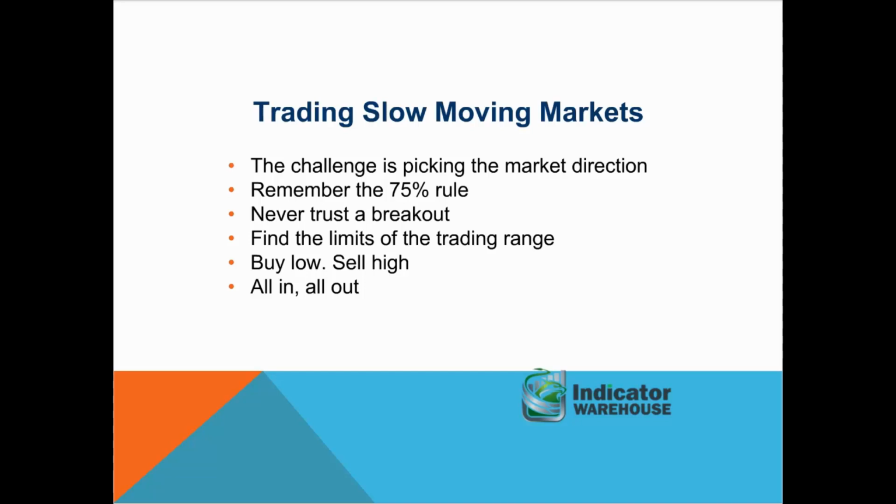So if you're looking at a chart and you're not sure whether the market is trending or moving in a sideways trading range, chances are very good that the market is in a sideways trading range, because 75% of the time, the market is in a trading range. So there's your default answer. If you're not sure, assume that you are in a trading range unless the market shows you otherwise.